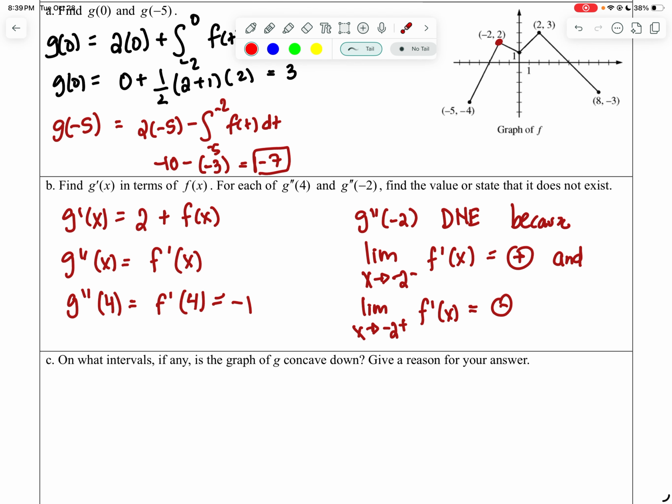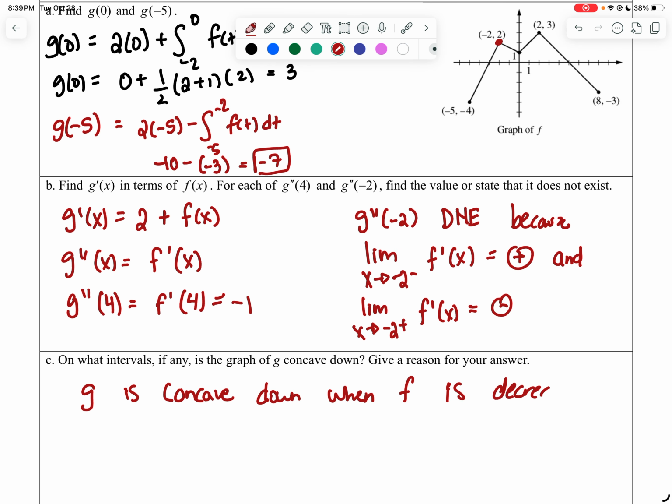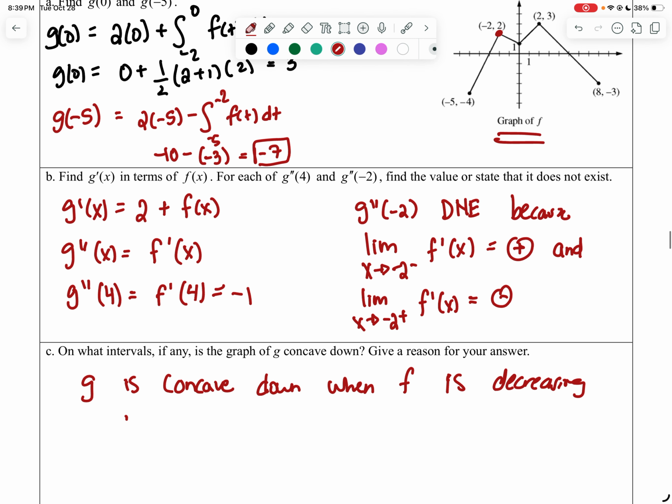So in this case, g double prime of x is f prime of x, and this is f, so I need to say that g is concave down when f is decreasing. And you can see that I'm connecting whatever they give me, in this case the graph of f, in terms of my answer. So f is decreasing from -2 to 0 and 2 to 8.